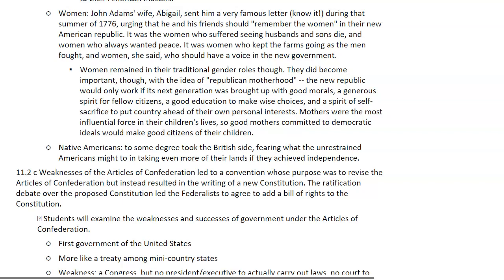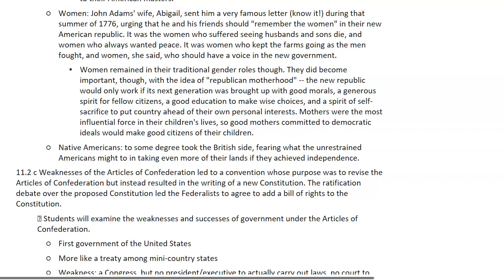So we would only have a really strong republic if our kids learned how to do a republic well. Mothers were the most influential force in their children's lives. So good mothers, committed to good democratic ideals, would make good citizens of their children, and that was considered very important.